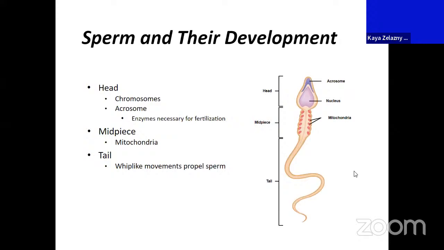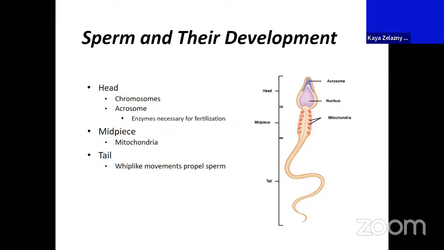Okay. So if we are looking at a sperm cell, we're going to see that it's chunked into three pieces. We're going to have a head up at the top here. It has a nucleus. So this is where we'll have our chromosomes, our genetic information, remembering that this is going to be a haploid cell because it's a gamete.